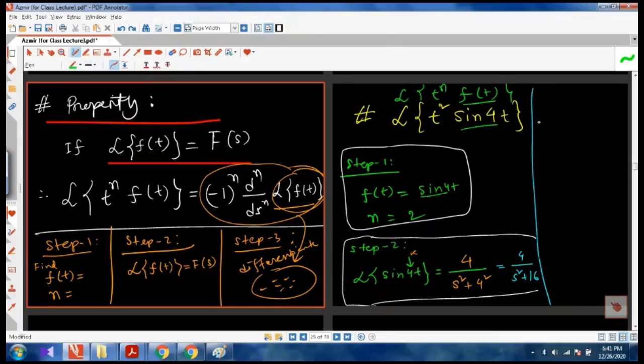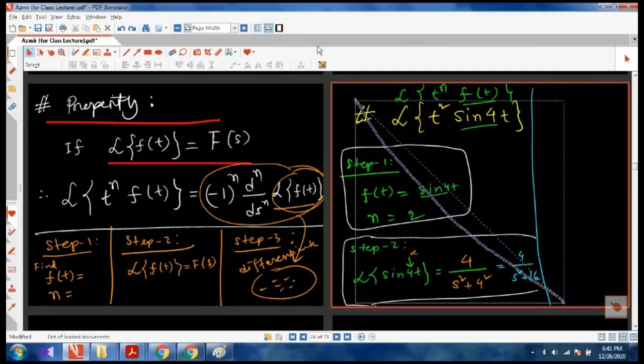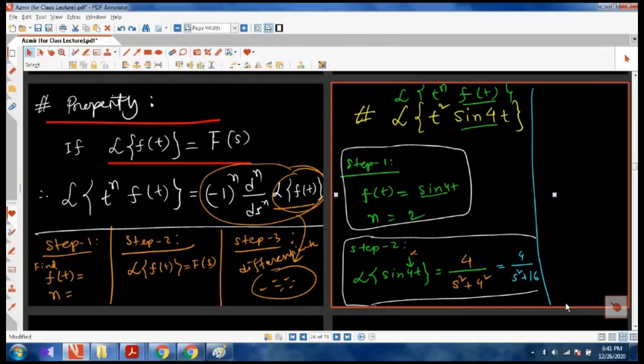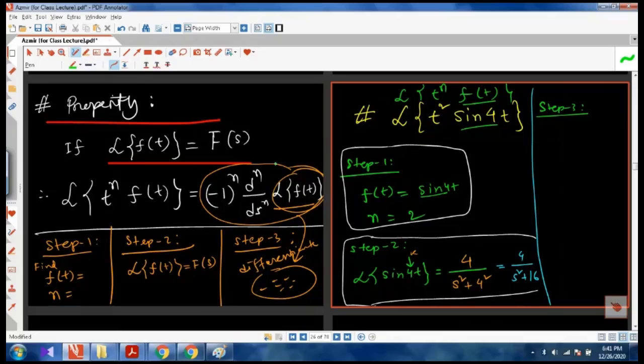So step 3 is to use this way: the Laplace transformation of t squared sine 4t. Okay, let me take another piece.